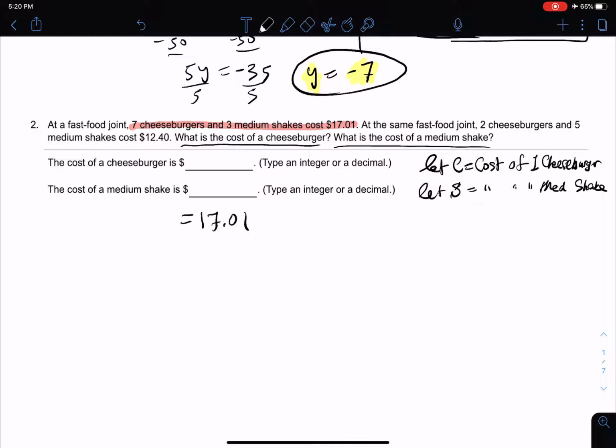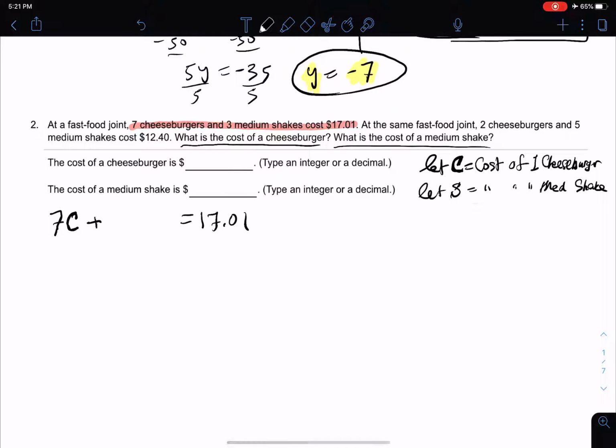Well, what do we have here? We had 7 cheeseburgers. What's the cost of 7 cheeseburgers? Well, if a cheeseburger was $1, then it would be 7 times $1. We don't know what the cost of a cheeseburger is. That's why we have C is the variable for the cost of one cheeseburger. So if I have 7 of those and I multiply it by the cost of one of them, that tells me the cost for all those 7 cheeseburgers.